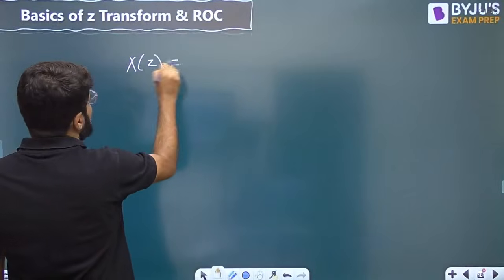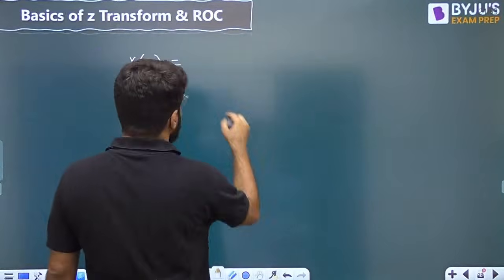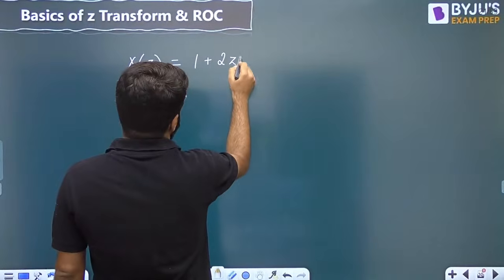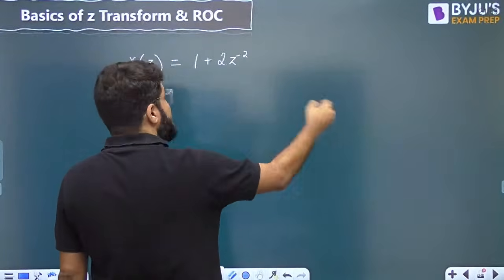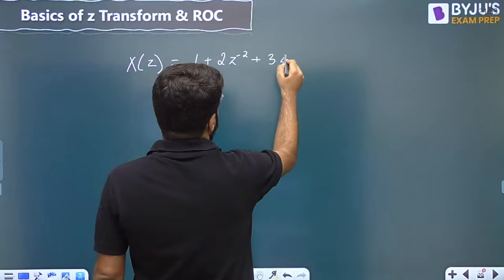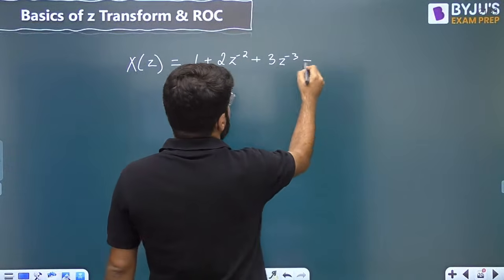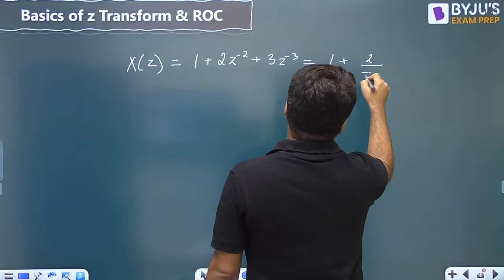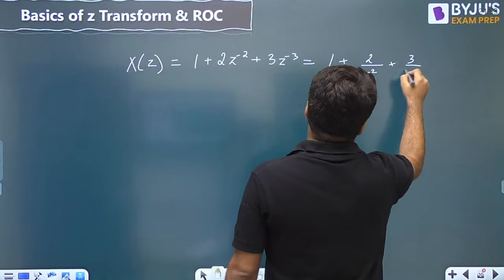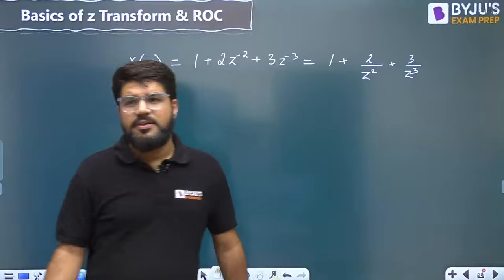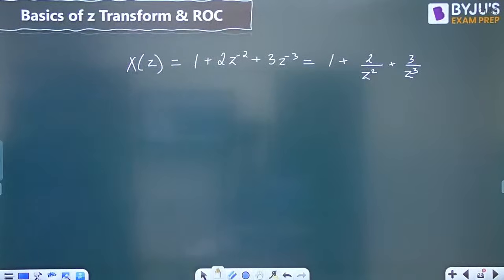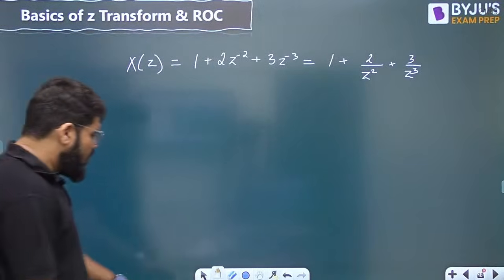The Z transform eventually is 1 plus 2z power minus 2 plus 3z power minus 3, or it is equal to 1 plus 2 by z square plus 3 by z cube.